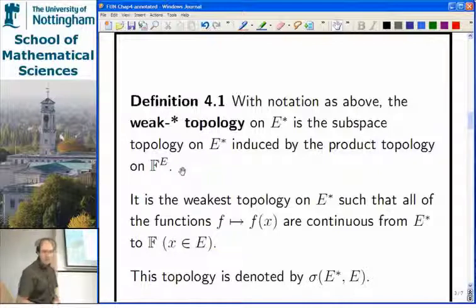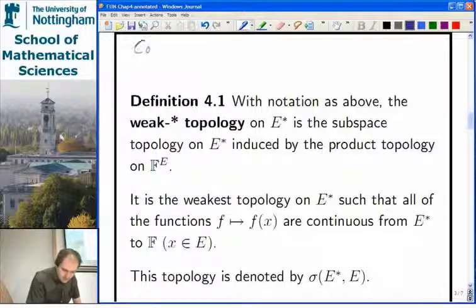Well, you may remember that the product topology is the weakest topology that makes all the coordinate projections continuous. But what are the coordinate projections on F to the E?